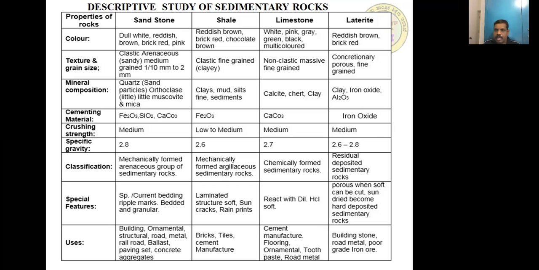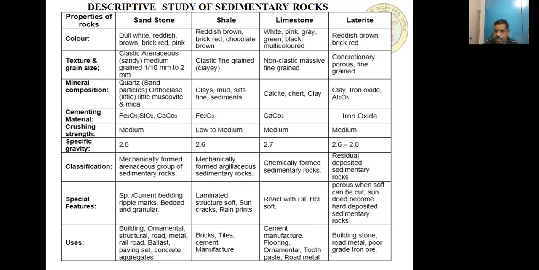Next one is laterite. The color of laterite is reddish brown or brick red in nature. Texture is concretionary, porous and fine grained. Mineral composition is clay, iron oxide, Al2O3. Cementing material is iron oxide. Crushing strength is medium. Specific gravity is 2.6 to 2.8.